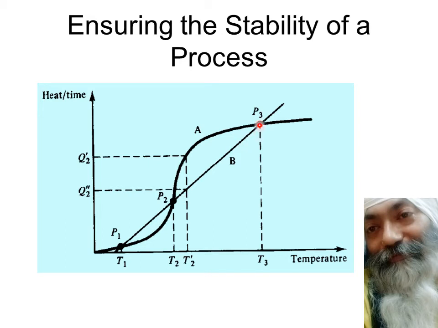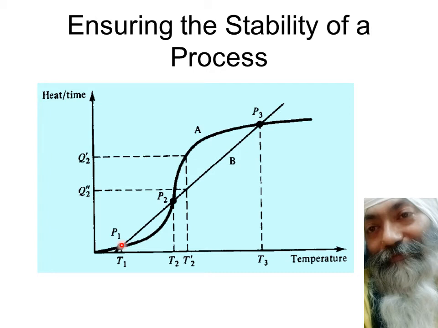These are the 3 points at which you achieve some equilibrium. Equilibrium means that at this point the heat released is equal to the heat absorbed. Similarly, at this point heat released is equal to heat absorbed, so another point of equilibrium is established, and over here again heat released is equal to heat absorbed, so you have the third point of equilibrium at this point.